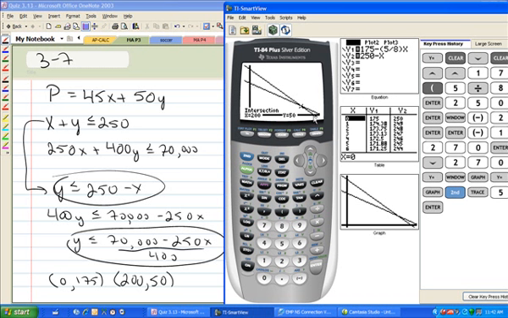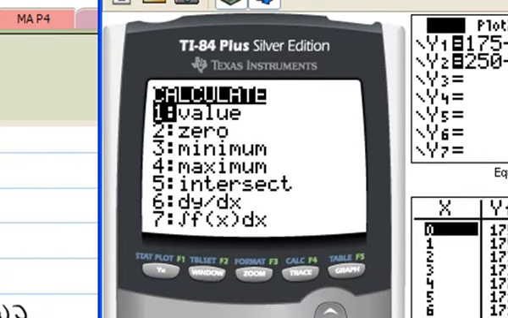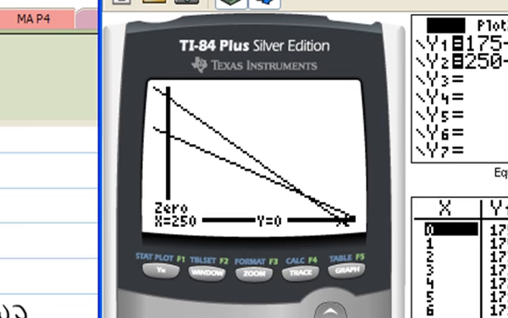Now I could go back and plug 0 in for y and find out what the x-intercept is, or I could find the 0 on the calculator. Let me make sure what line we're on here. On the wrong line. There we go. So I got to pick a point above the 0, hit enter, go over here until I get below the 0, hit enter, and my 0 is at 250.